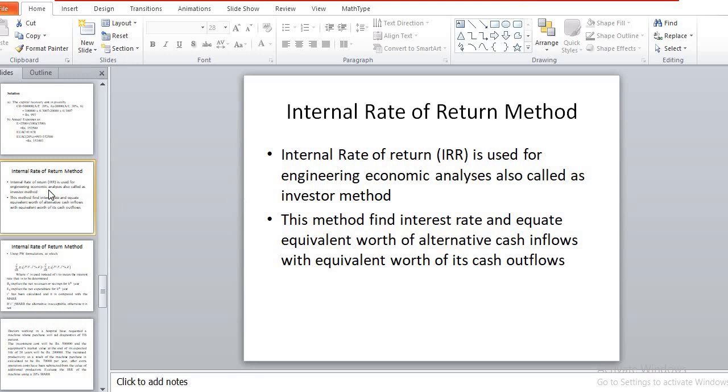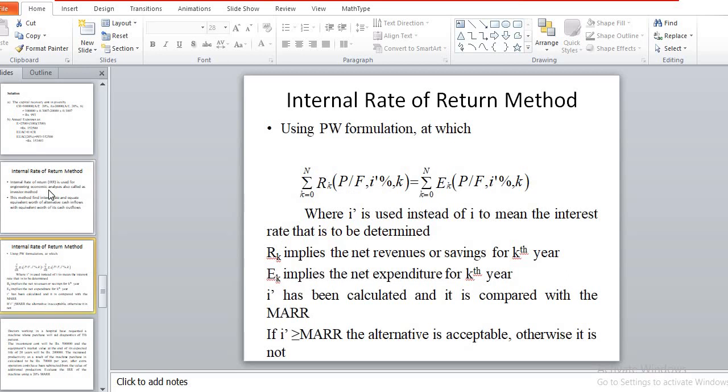Here we equate the cash outflow and cash inflow. We can use any method and equate the cash inflow and cash outflow.